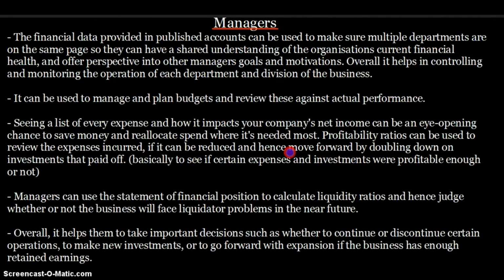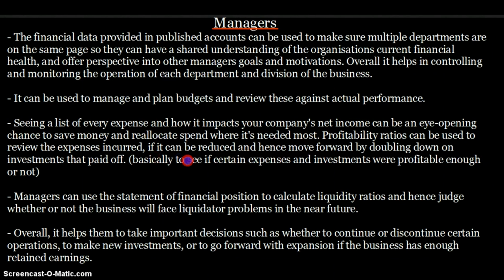You look at each cost and see whether it was worth the profit or not. Profitability ratios can be used to review the expenses incurred, see if they can be reduced, and hence move forward by doubling down on investments that paid off.